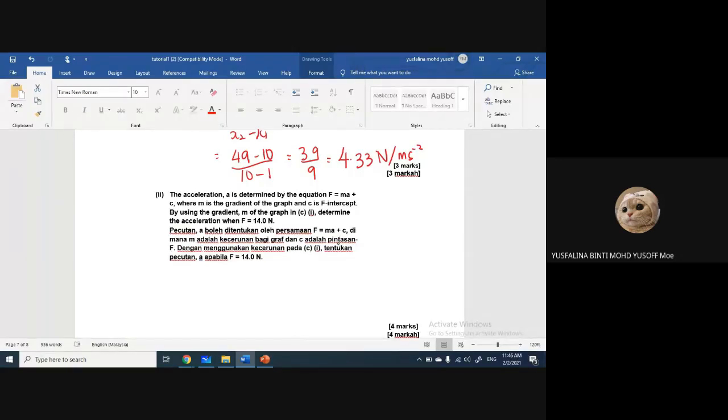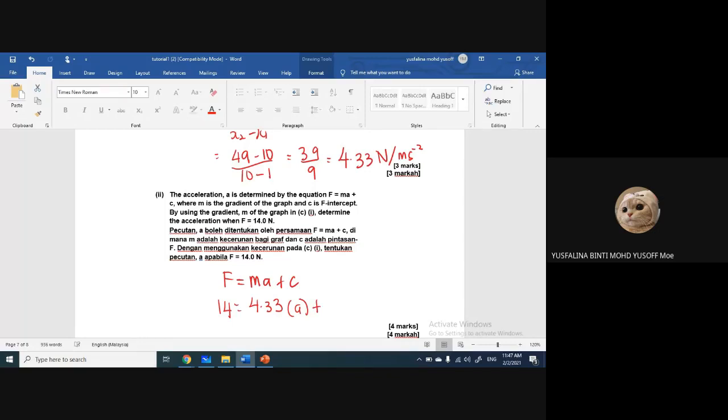They give you the equation F equals ma plus c. m is the gradient that we already calculated, 4.33. So I just substitute in here. The F here is 14, and they ask you to find the acceleration, a.